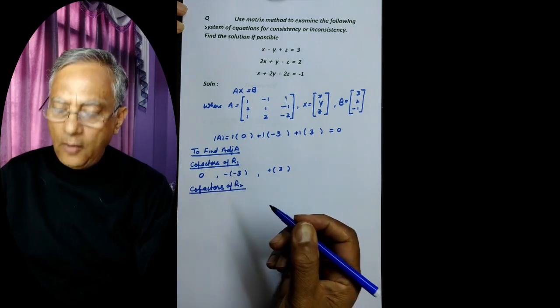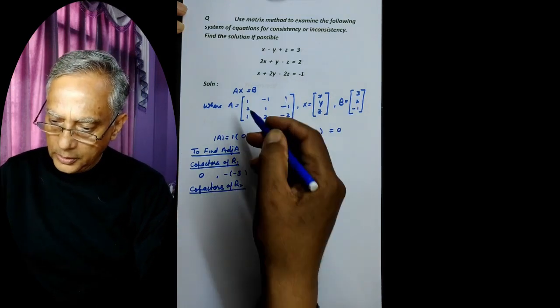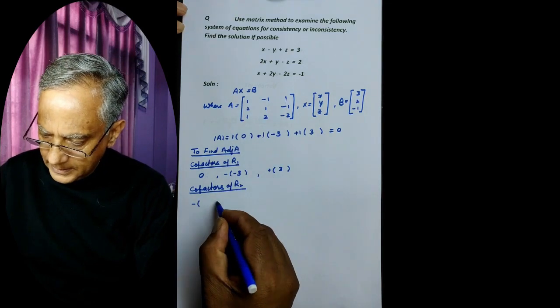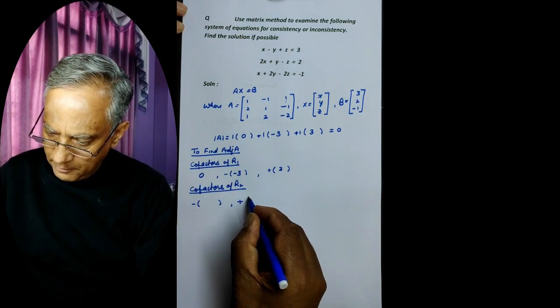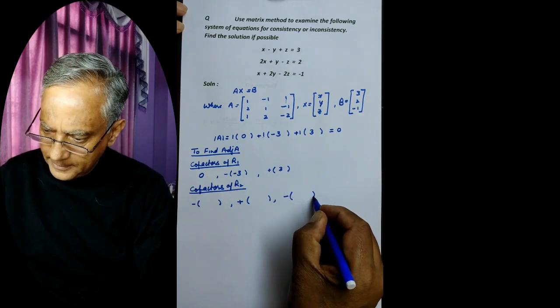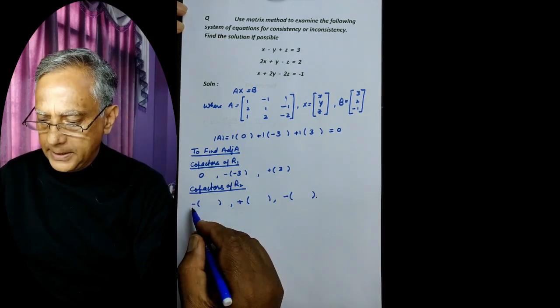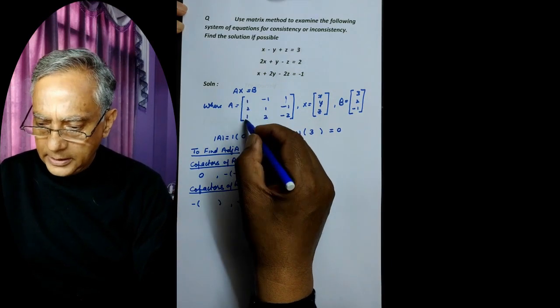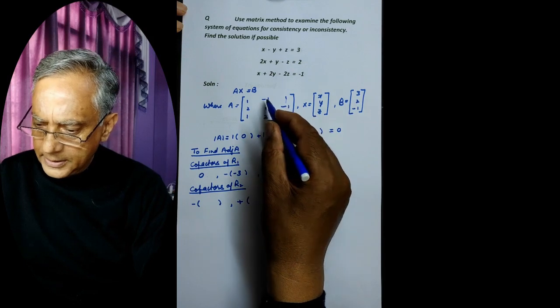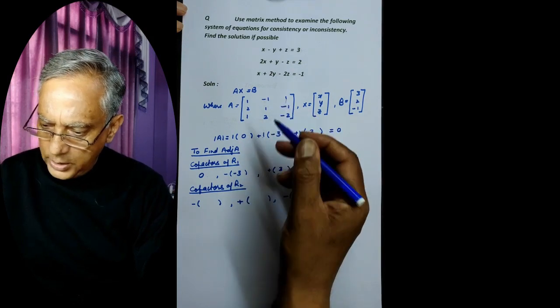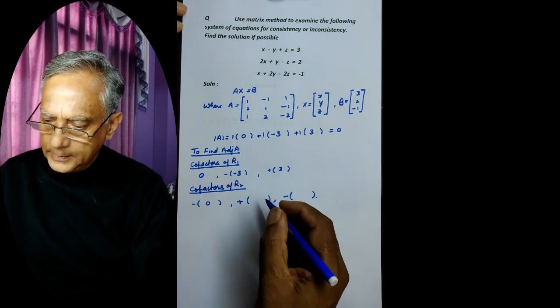We find now cofactors of R2. Now this place is odd place, so we will have minus. Next will be plus. And next will be minus. Alternate plus minus signs. So now we come to this entry. Now delete the row and column in which this entry occurs. So this into this is 2, 2 minus 2 is 0.